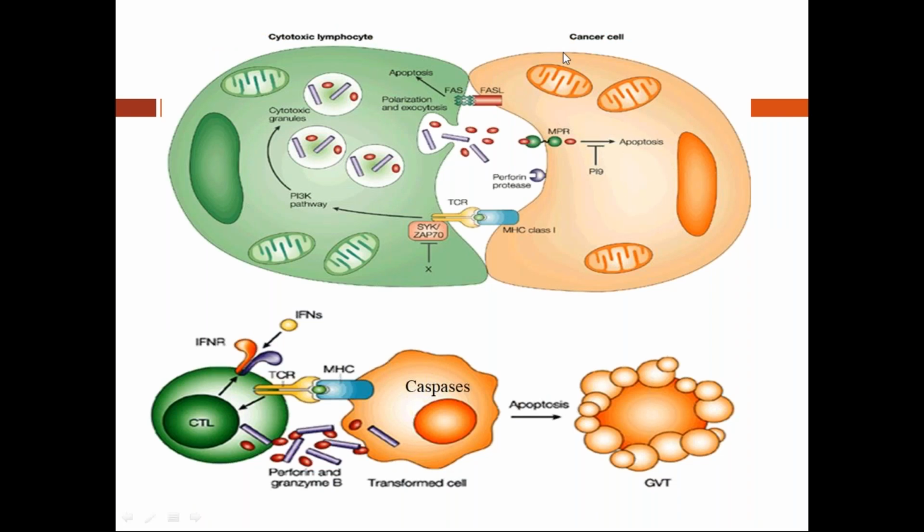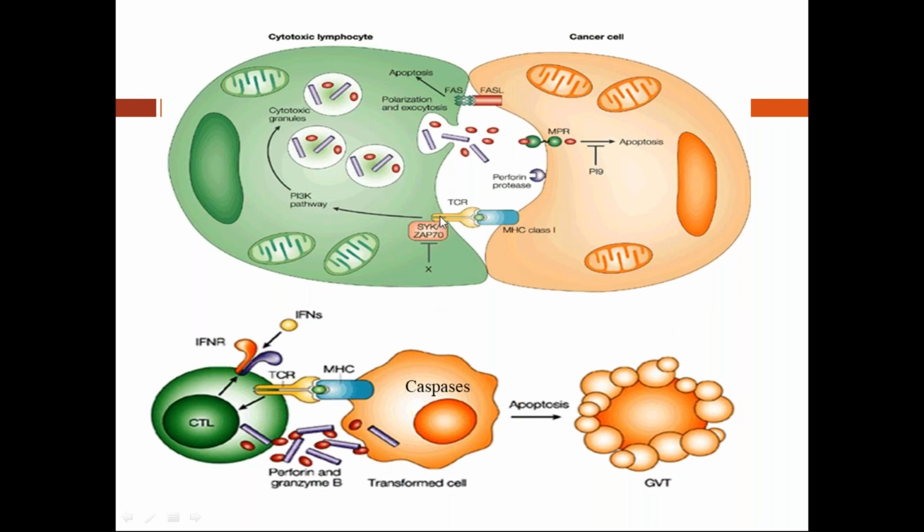Here you have the cancer cell, and here is the cytotoxic T lymphocyte. Here you can see this is the MHC class 1 molecule, and this is the tumor peptide or the tumor protein. It presents this tumor peptide to the cytotoxic T lymphocyte.